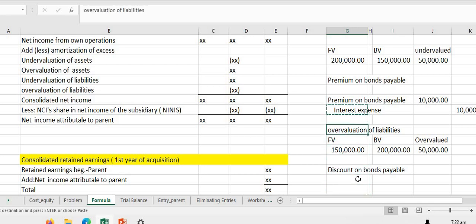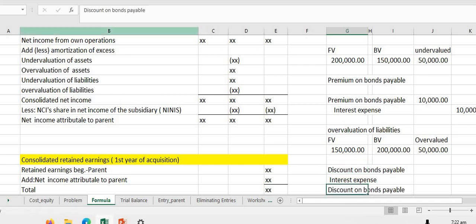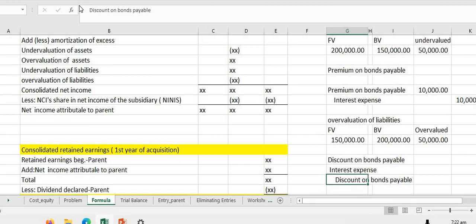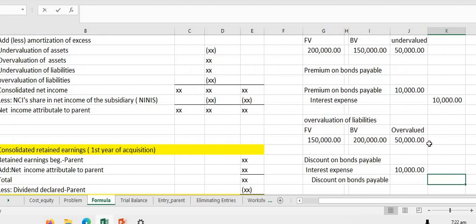It's a debit to interest expense and a credit to discount on bonds payable. Ito yung entry natin, diba? When we amortize discount. Okay, so but still 50,000 divide 5. It's actually 10,000.